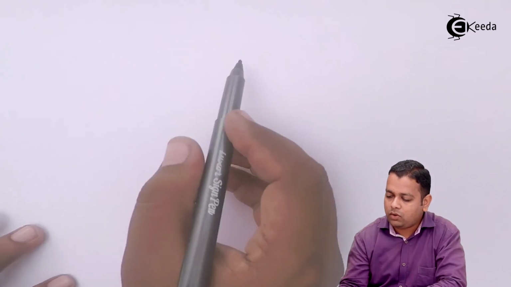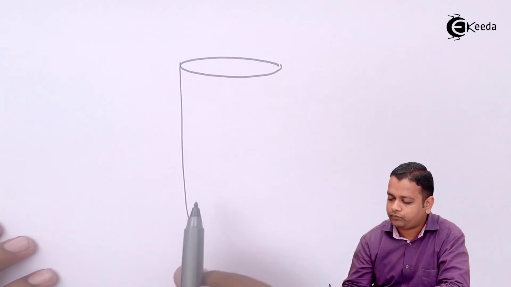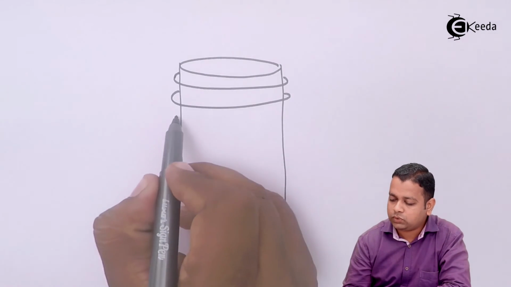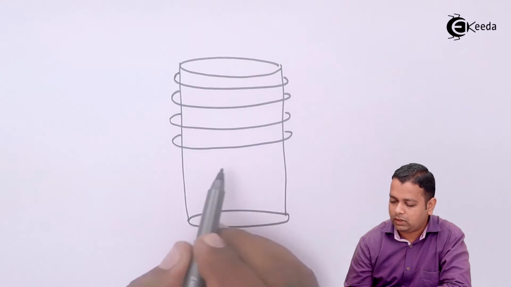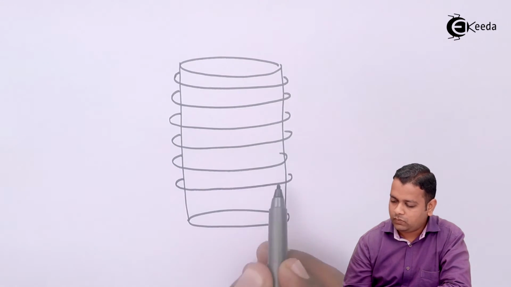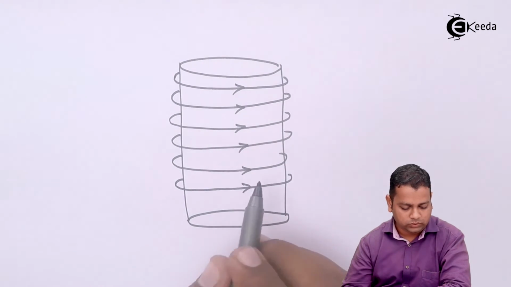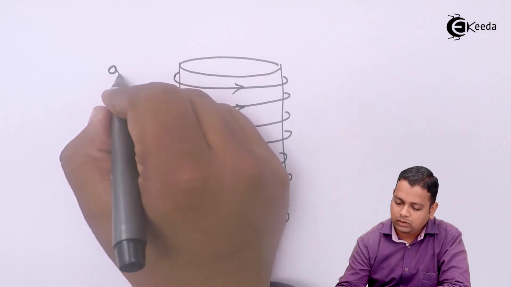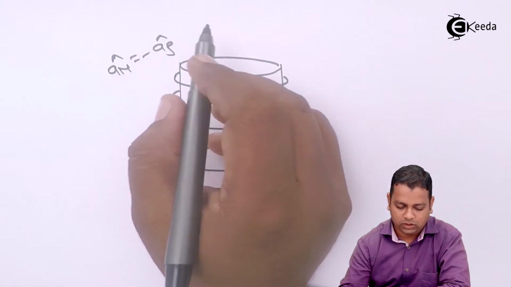If you think about the practical solenoid, I have to show you the turns of wires onto the body of this. So for practical solenoid, we have to show the turns onto the solid body like this. The direction we can show with this type of arrows. So the a_n cap will be having the reverse direction with respect to the a_rho cap.